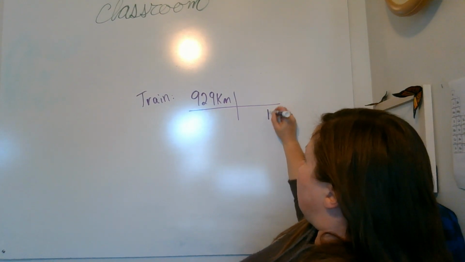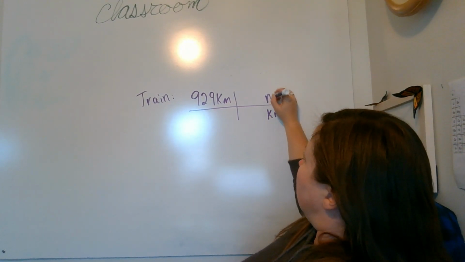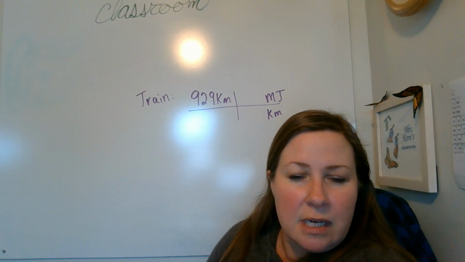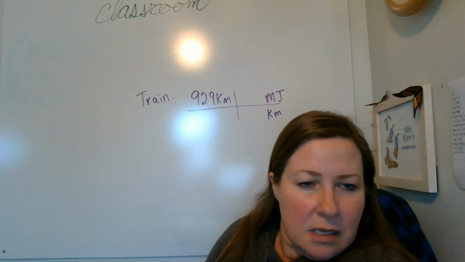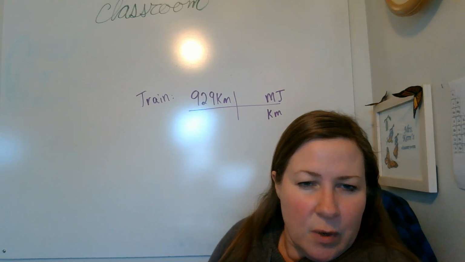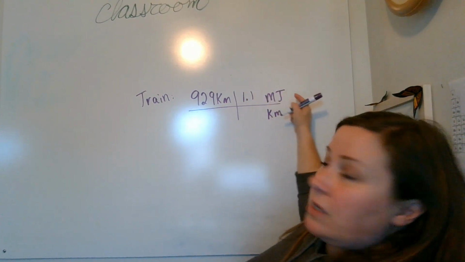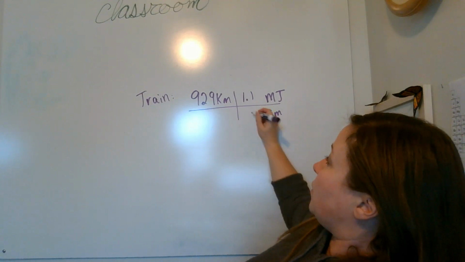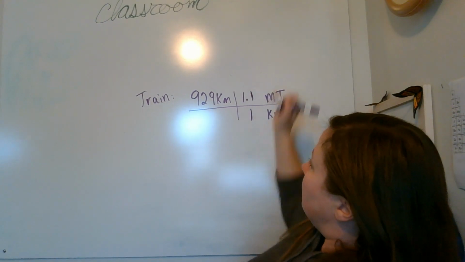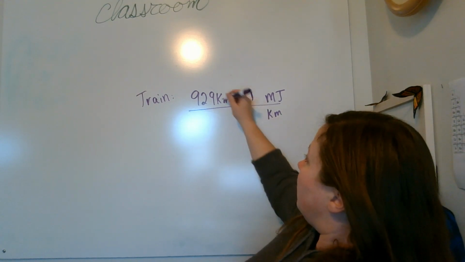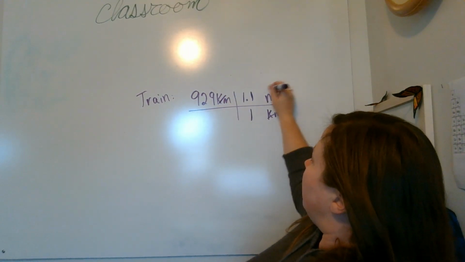And so we've got kilometers down here, megajoules on top. We've got that conversion factor in the data table. And again, on the train, it's 1.1 megajoules per kilometer. So 1.1 goes on the top with megajoules, and it's per 1 kilometer. And this is going to be per person. And kilometers cancel, and now we have megajoules.